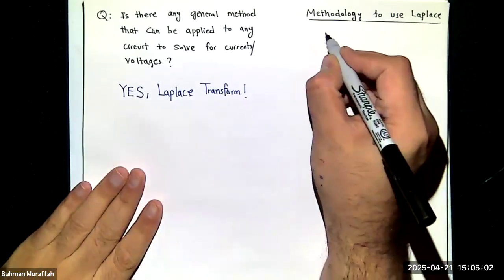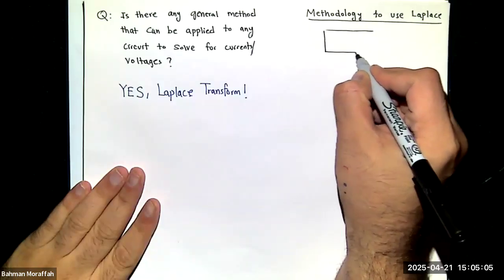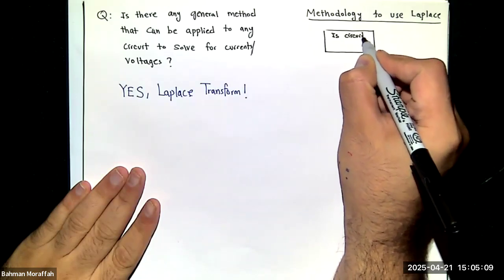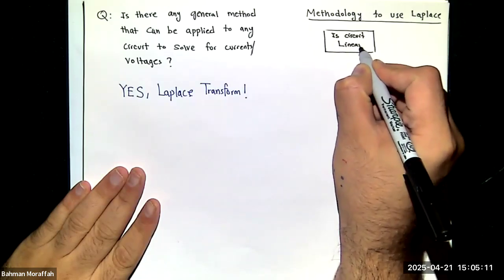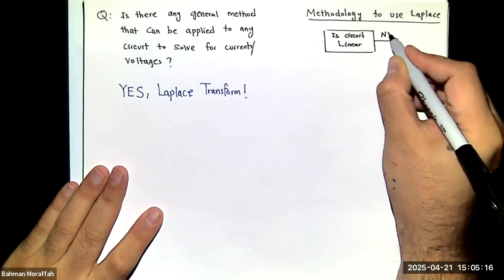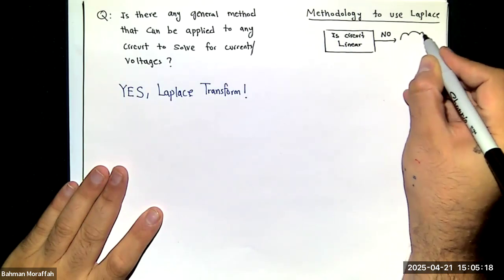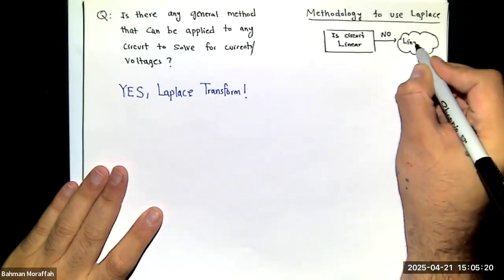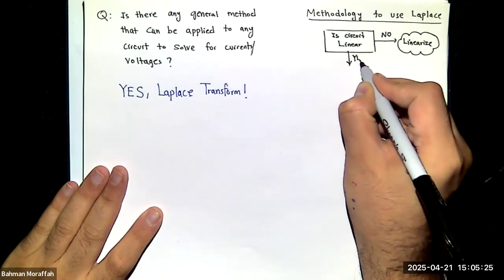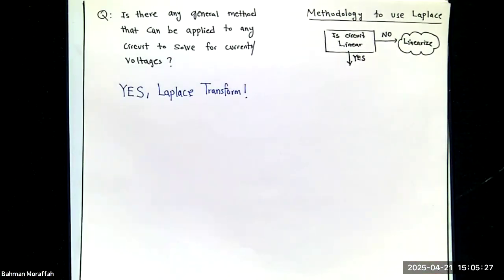So the first step is: is the circuit linear? If the answer is no, well, we linearize. If the answer is yes, then we know exactly what to do. We're going to take all the sources that we have to the S domain.